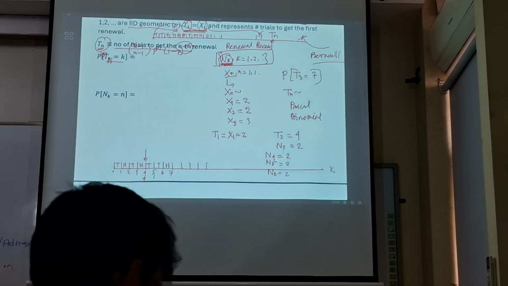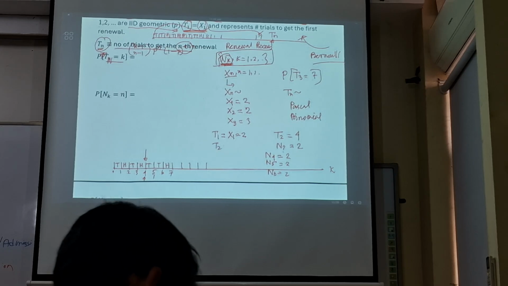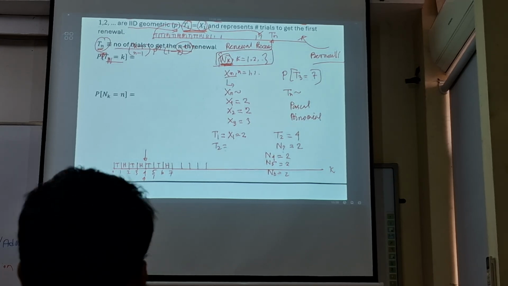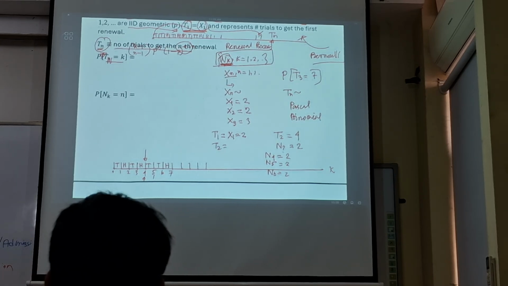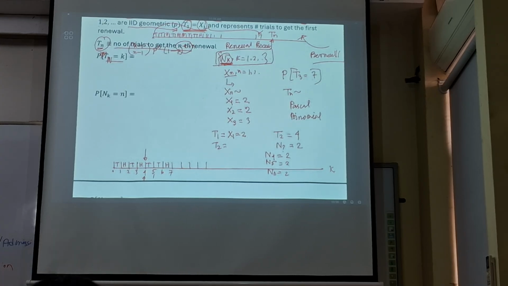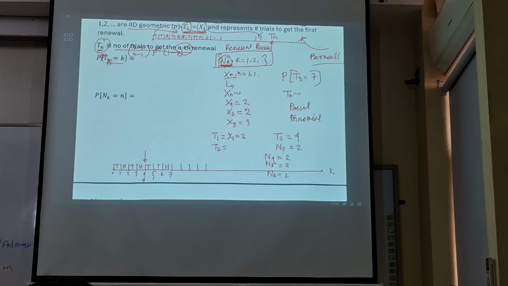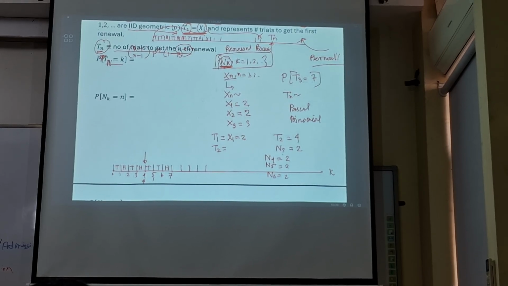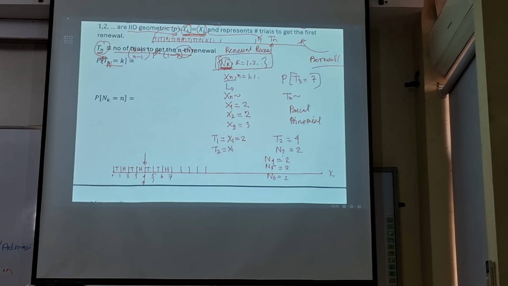T2 is what? Go back here. T_n is defined as the number of trials to get the nth success. It is the minimum that we need to get the nth success. So T2 is X1 plus X2.